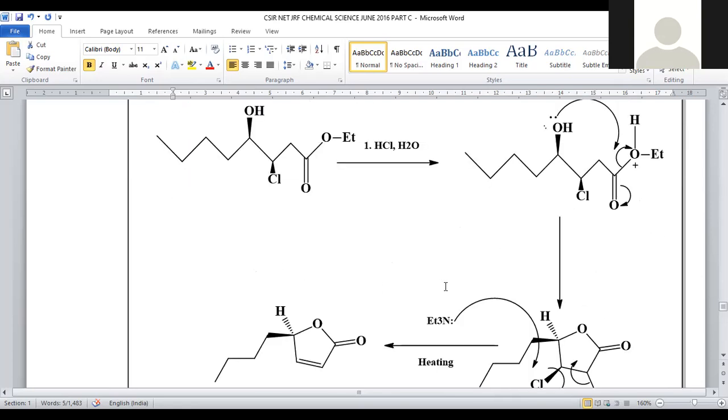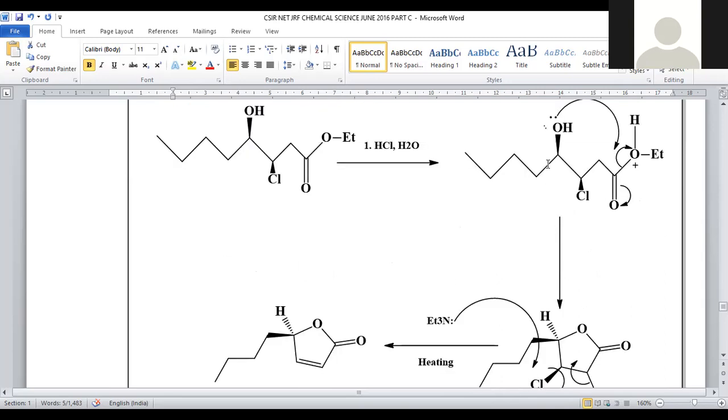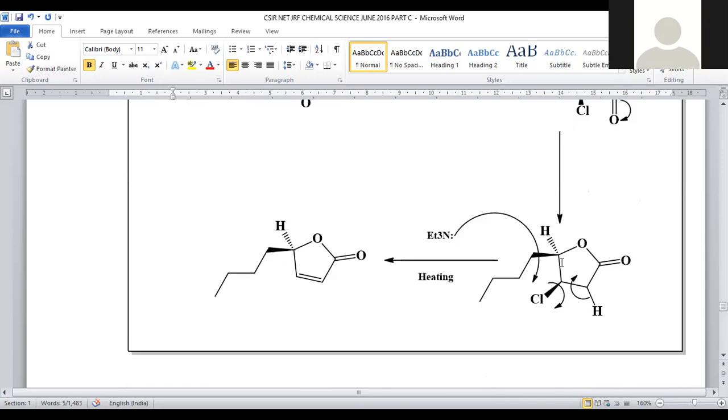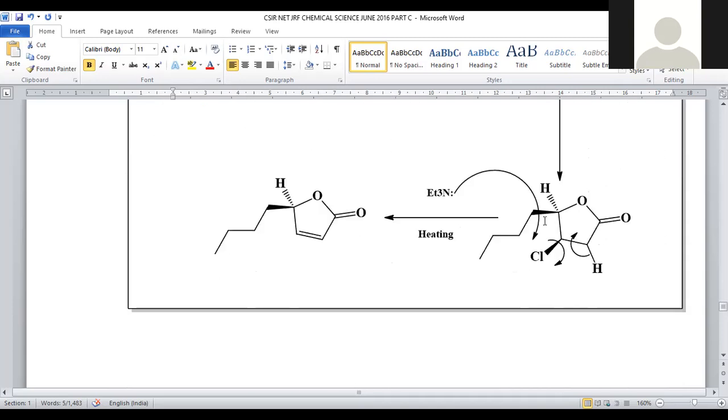And what happened during this transformation? Whenever OH is present on the wedge bond, obviously hydrogen will be away from the wedge. Hydrogen will be present away from the wedge. And when this participated in the ring lactonization, this OH will come into the plane, and whatever side chain alkyl is there will move up. So this will be the stereochemistry.